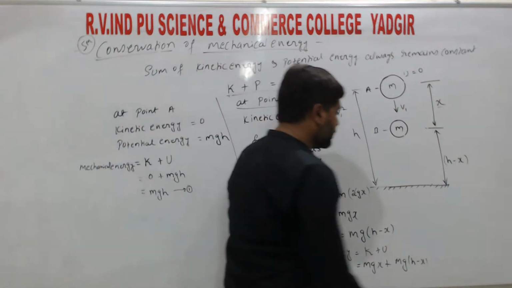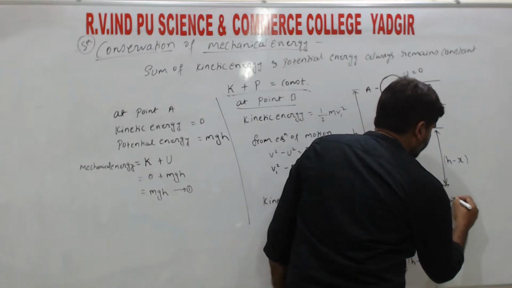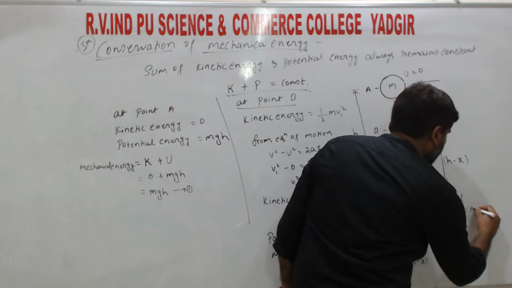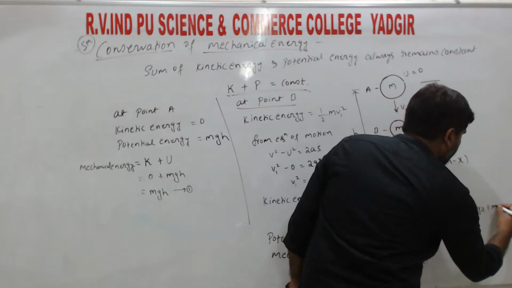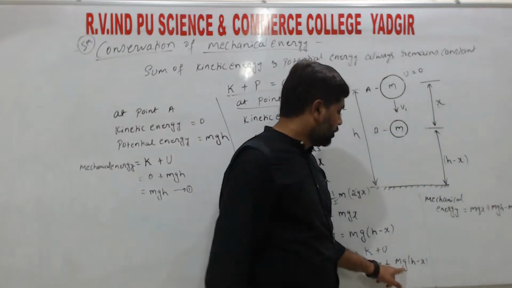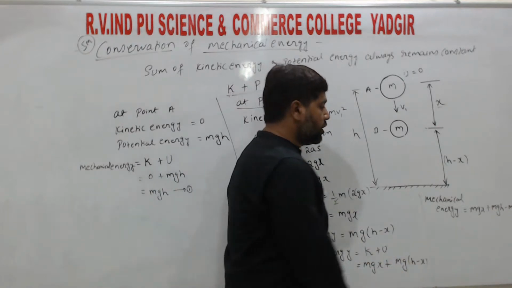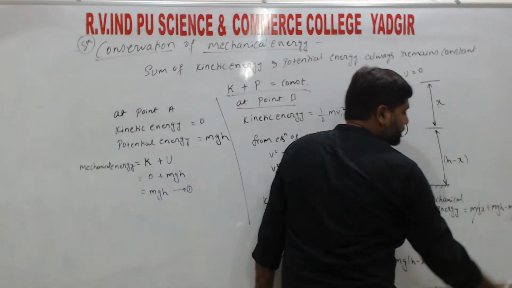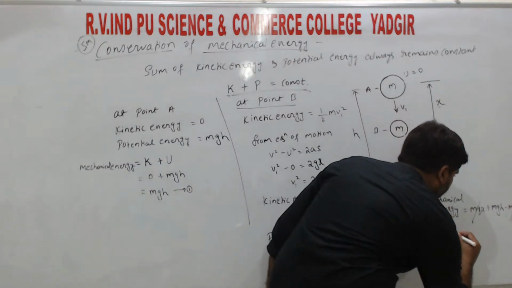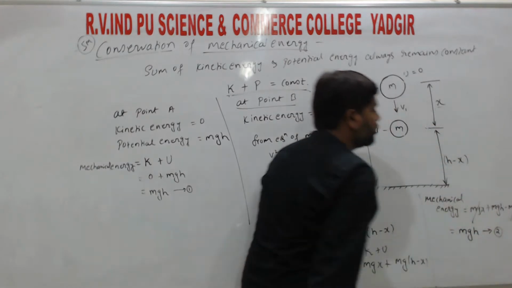Now simplifying, mechanical energy equals mgx plus mg(h minus x). Multiplying inside, mgh minus mgx, right? So mgh plus mgx minus mgx cancels, and we get mechanical energy equal to mgh. Calling this the second equation.